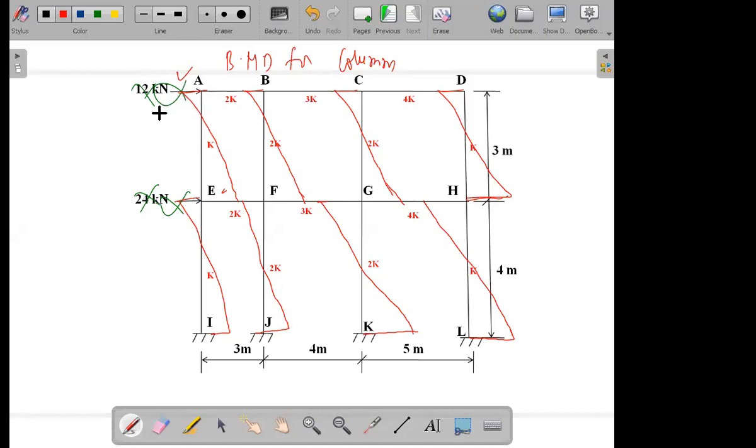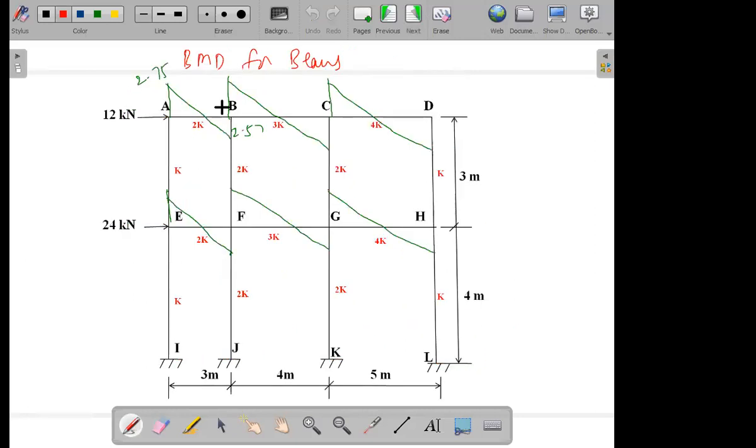But here we are not getting the point of contraflexure at the center, which means the AE value and EA value are different. So you have to mention the values you got in the bending moment diagram. You have to write them here.